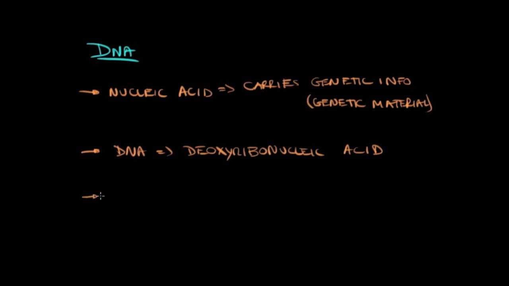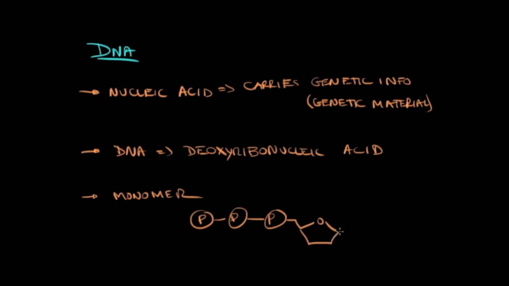DNA is the abbreviation for deoxyribonucleic acid. We talked about it in the nucleic acid tutorial, and I explained why it is called deoxyribonucleic acid. But if I show you the monomer here, you probably remember what I'm drawing. This is a very important monomer in nucleic acids, and this is a nucleotide.